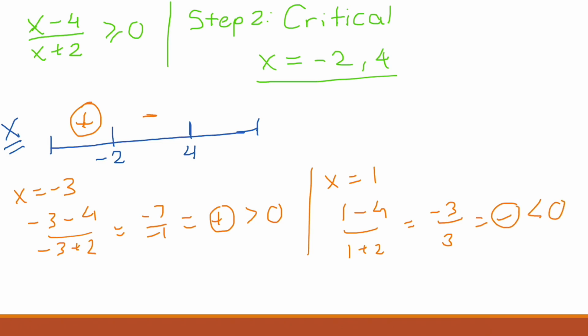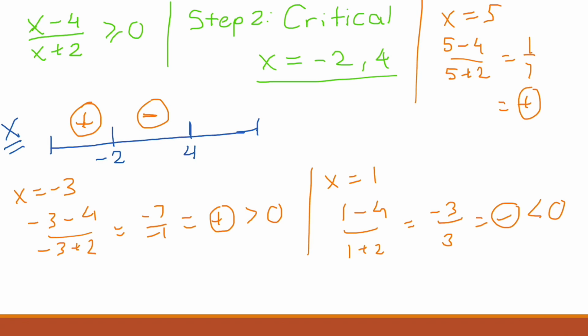So we'll write a negative sign up here. Now the last interval is x greater than 4. I'll be taking x as 5 in this case. So when we have x as 5, I have 5 minus 4 upon 5 plus 2, which is 1 over 7, which is indeed positive or greater than 0.